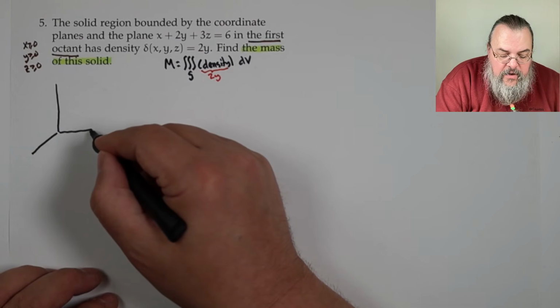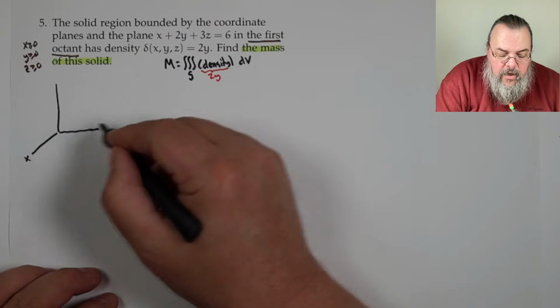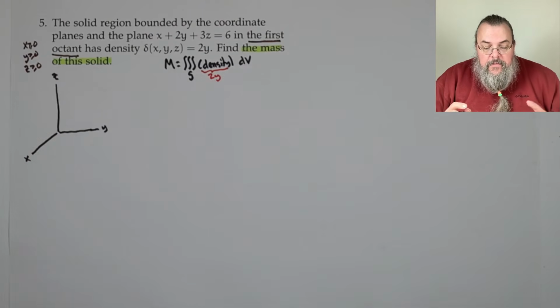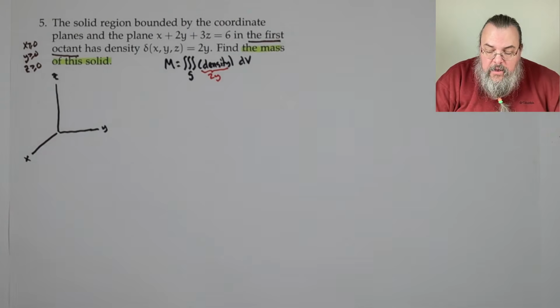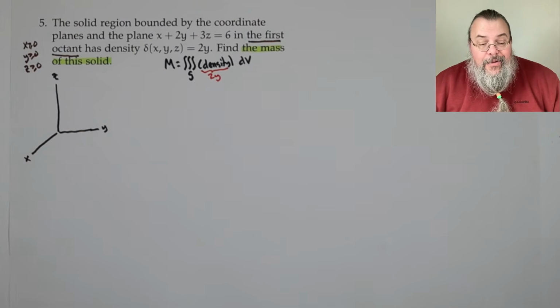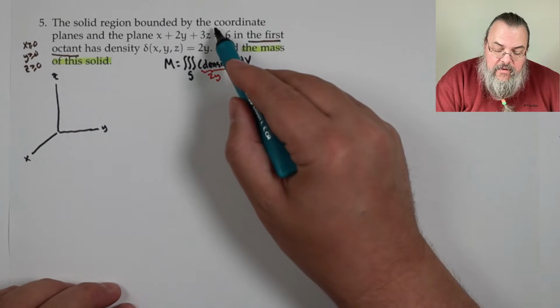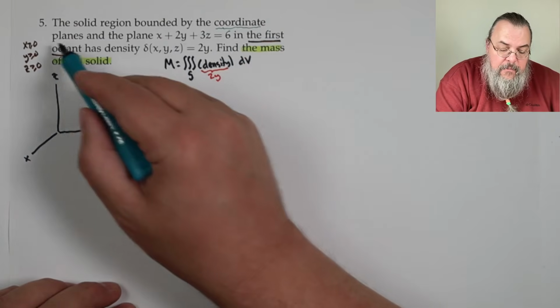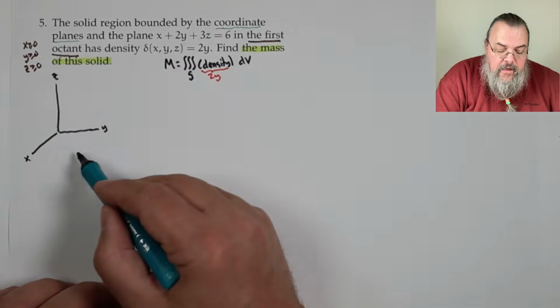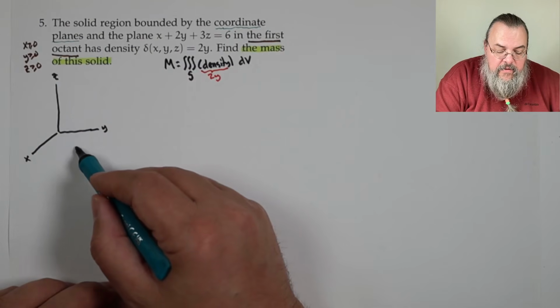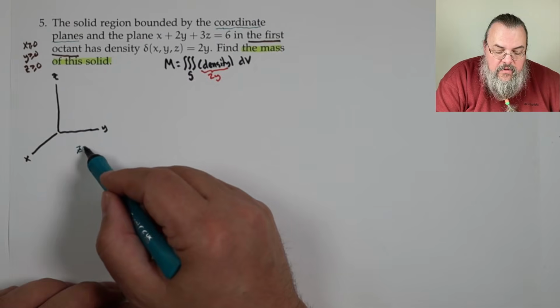Here we have our x, y, z. We have the coordinate planes. Those are just another way of saying the xy plane, the xz plane, and the yz plane. The xy plane is z equals 0.